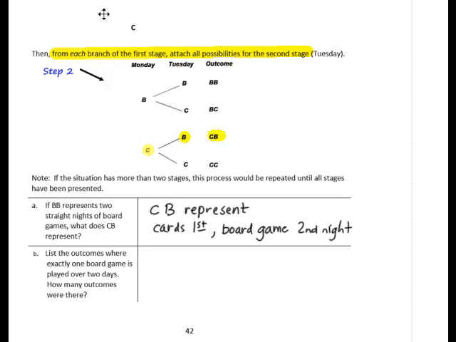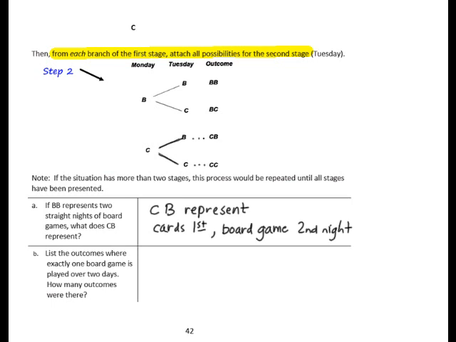It's often helpful when you're making a tree diagram to think in terms of a dotted line connecting the second stage to the outcome for that stage. For example, cards, then board game, dot, dot, dot, and that would be the outcome cards and board game. Cards, then cards, dot, dot, dot, and the outcome is cards, cards.